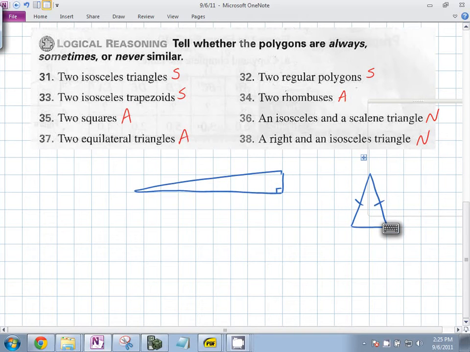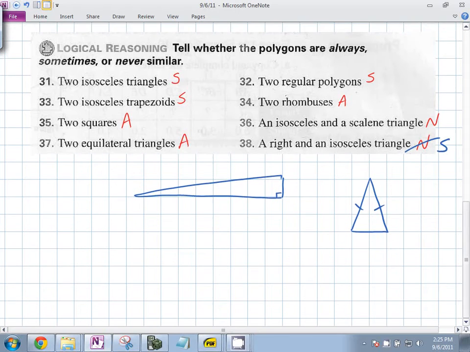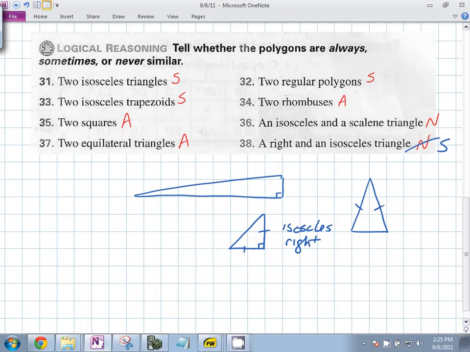So what would an isosceles right triangle look like? Something like this. There is an isosceles right triangle. There's one. So sometimes.